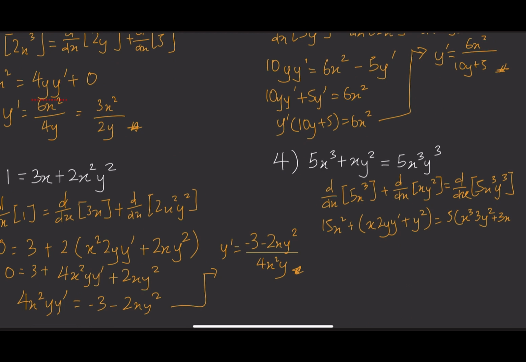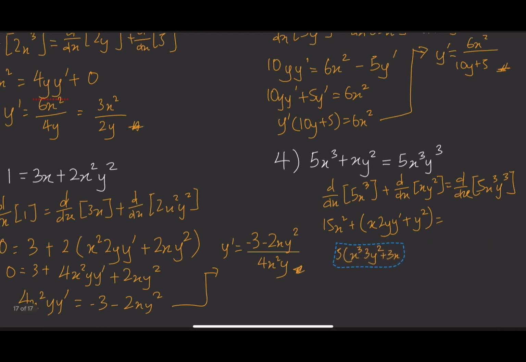I'll just bring this down because I'm running out of space. 3x squared y, and then we can further expand to 2xy y prime plus y squared equals 5x, 15x, 3y squared plus 3.